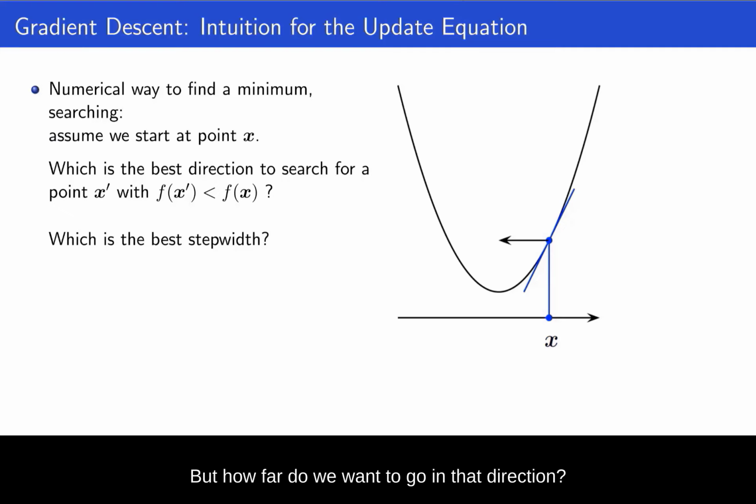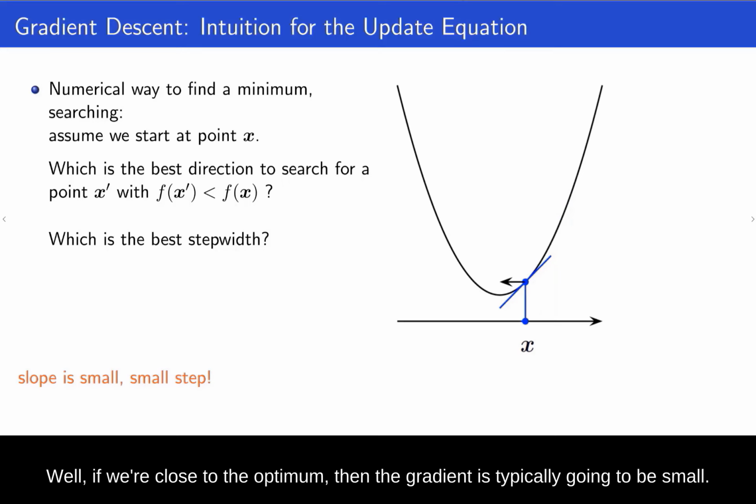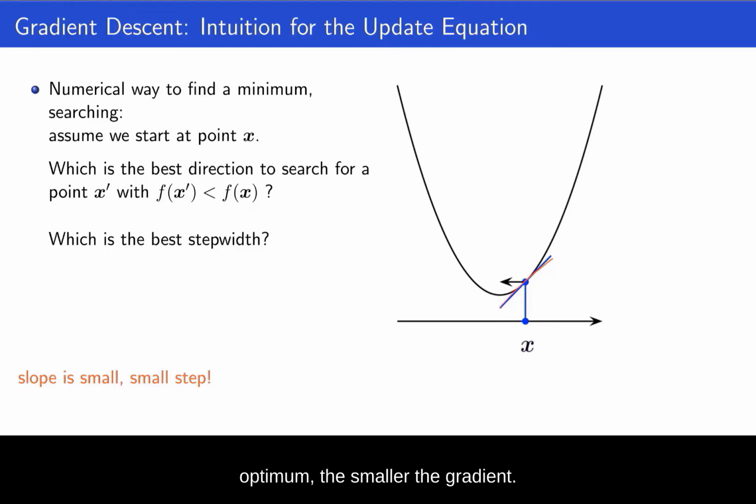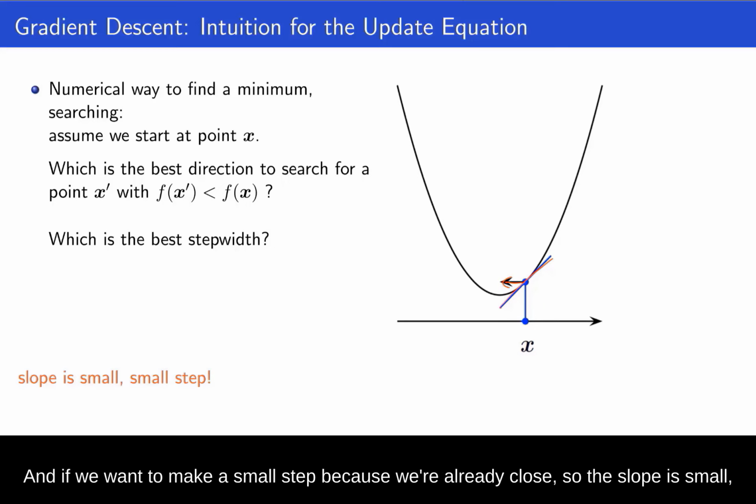Okay, so that's the direction we want to go in, towards a negative gradient. But how far do we want to go in that direction? Well, if we're close to the optimum, then the gradient is typically going to be small. Especially in this quadratic function, that is the case. The closer we get to the optimum, the smaller the gradient. And we want to make a small step because we're already close.